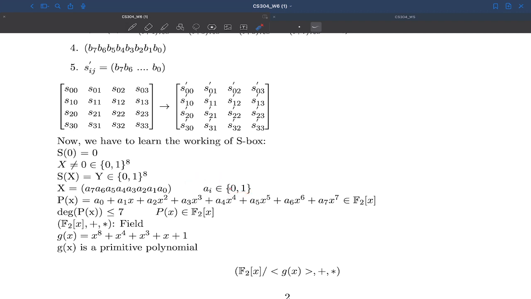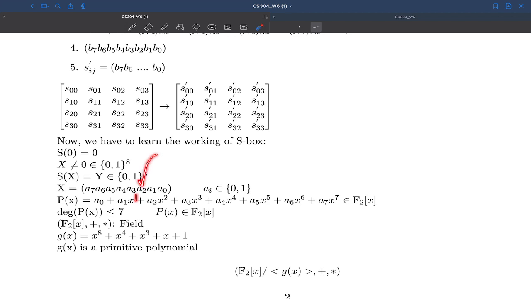So what we do in the S box is take my 8-bit string and convert it to a polynomial. How will you convert this 8-bit string into polynomial form? Take the bit at index 0 and make it the constant term in my polynomial. Take the bit at index 1 and make it the coefficient of x raised to power 1.